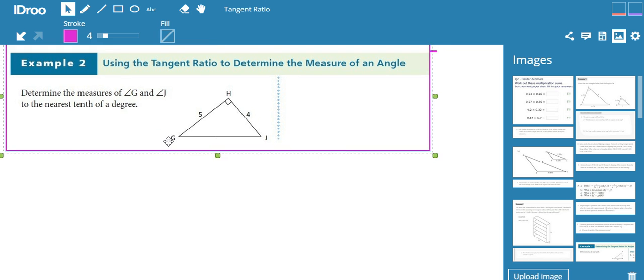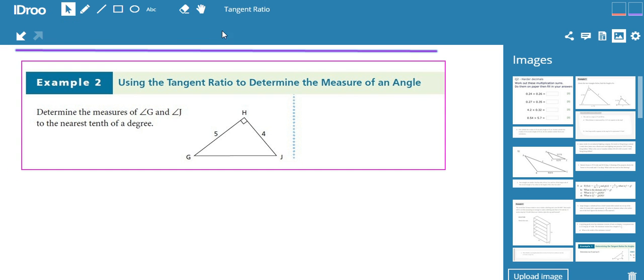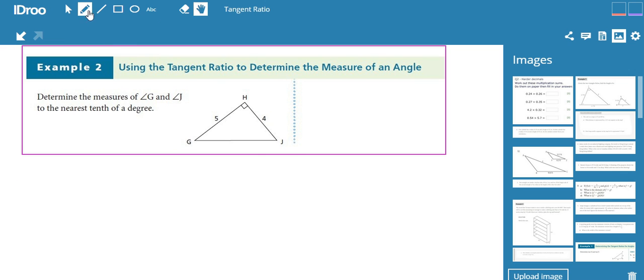So this is the question. Now he says to find angle G right now. He wants you to find angle G. So what you're going to do here?